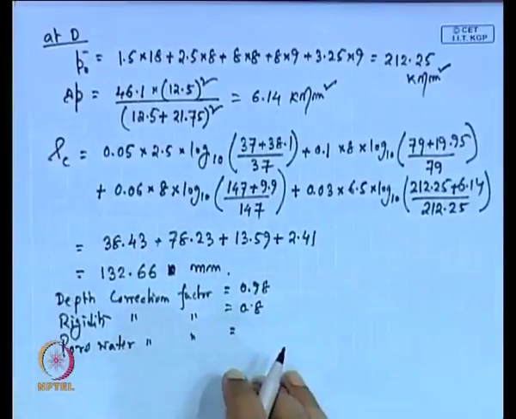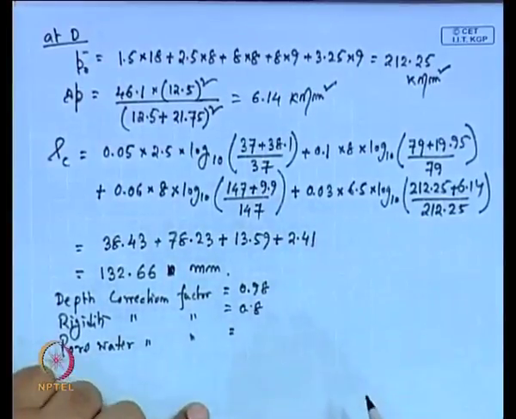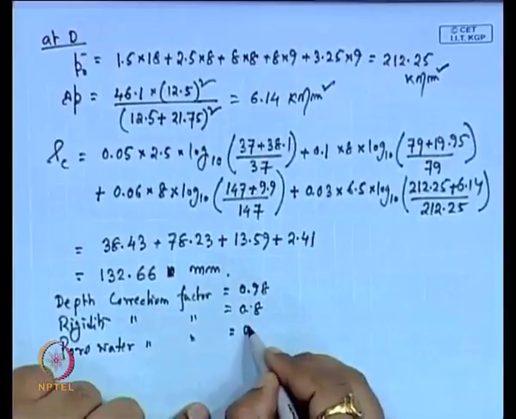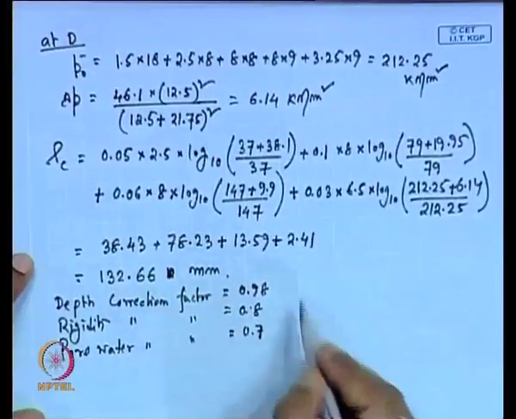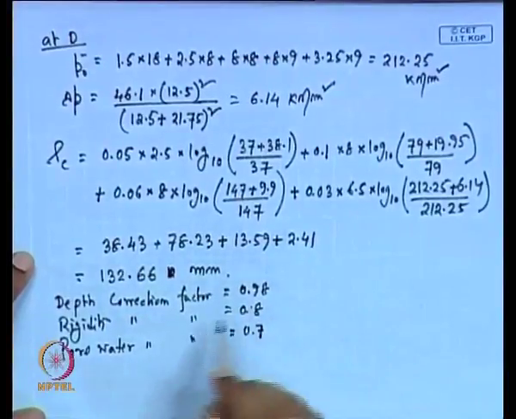Based on the properties given for this clay soil, from this chart it is coming 0.7. So, the pore water correction factor is 0.7.